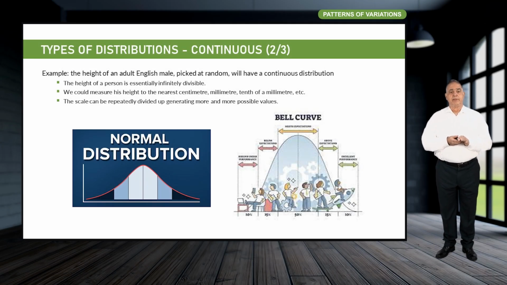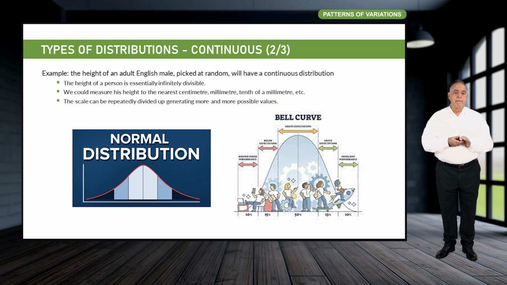Speaking about the types of distributions, let's get an example. The height of an adult English male, picked at random, will follow the normal distribution, as we can see in the figure. The height of a person is essentially infinitely divisible.